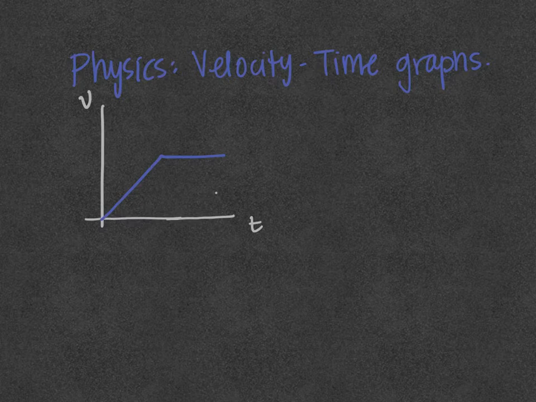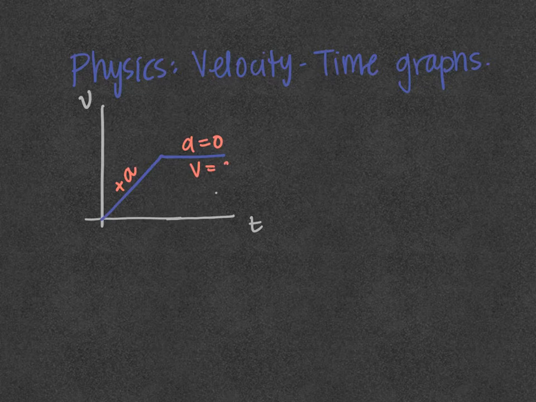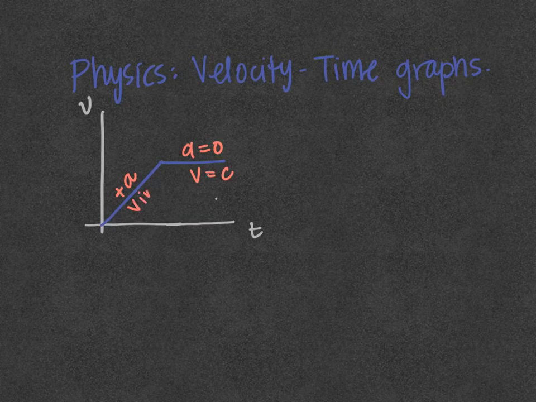Now, this section here has a positive slope because it's up and to the right. And so the acceleration in this section is positive. The acceleration in this section would be 0 because the velocity is remaining constant. So velocity is a constant for this section. But in this interval, the velocity is increasing.